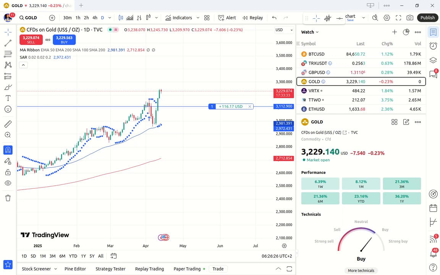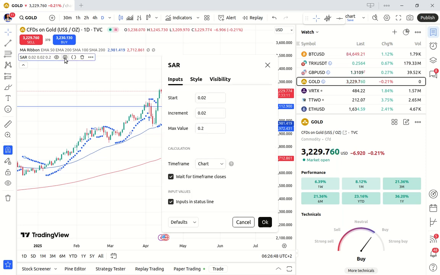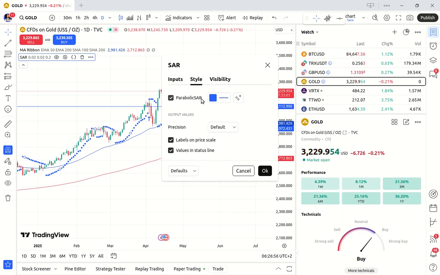SAR stands for parabolic stop and reversal.